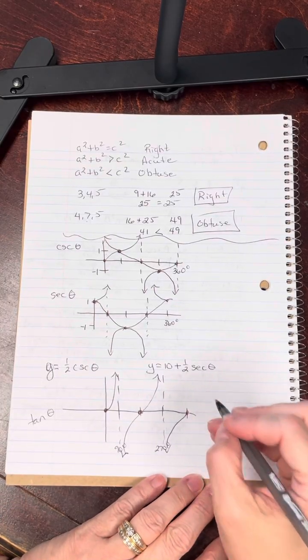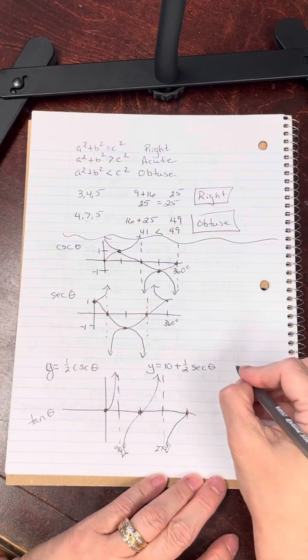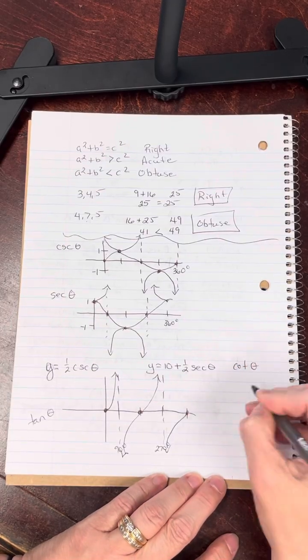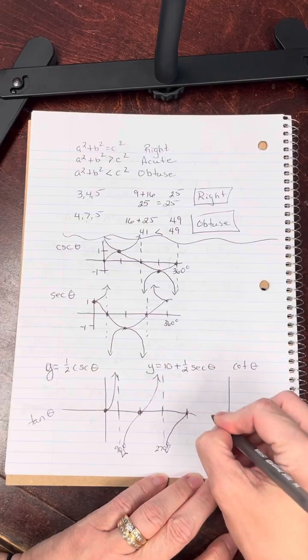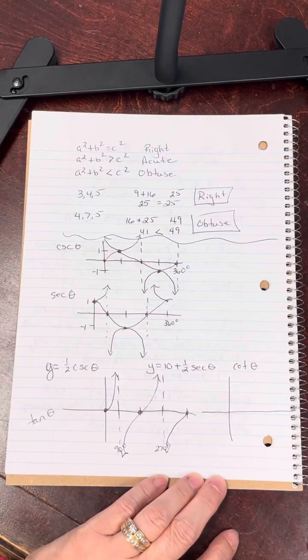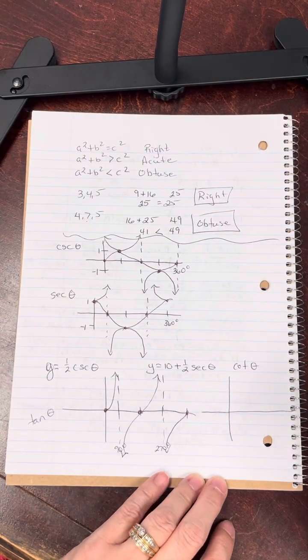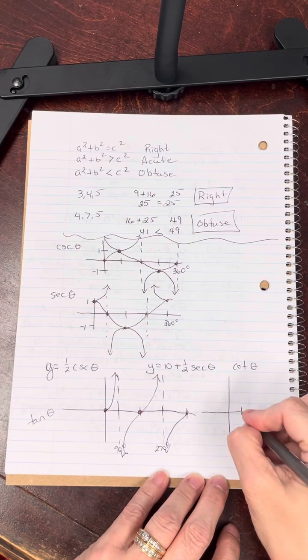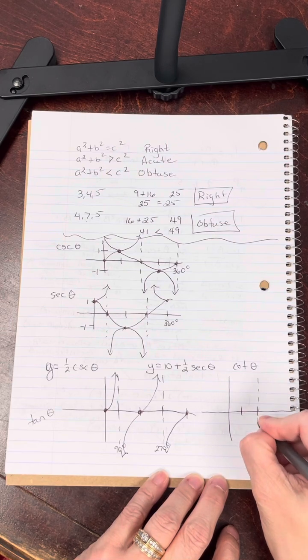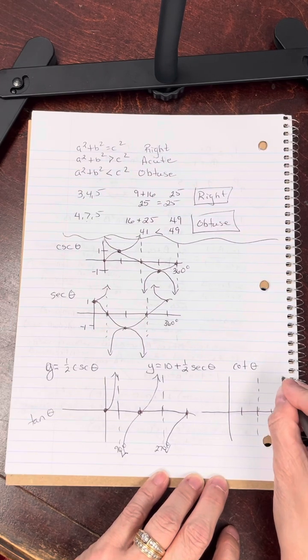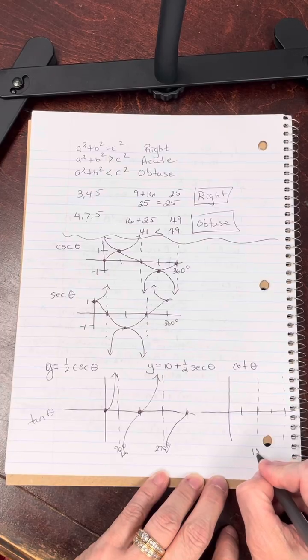And because I want them on the same page so you can compare, I'm going to try to cram cotangent theta into the picture here. So my memorized asymptotes are at 180, so just the opposite, and at 360.